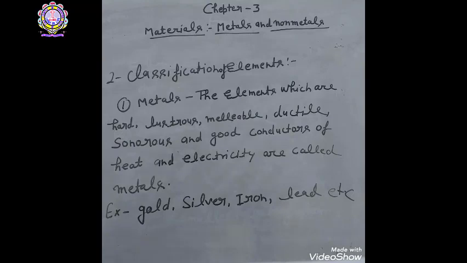Sonorous means which have a pleasant or deep and full sound. So metals provide a deep and full sound, and are good conductors of heat and electricity, which means they pass heat or electricity easily from one point to another, so they are called good conductors.